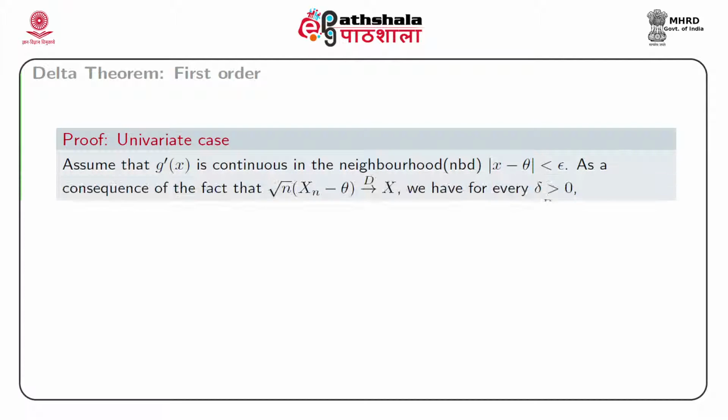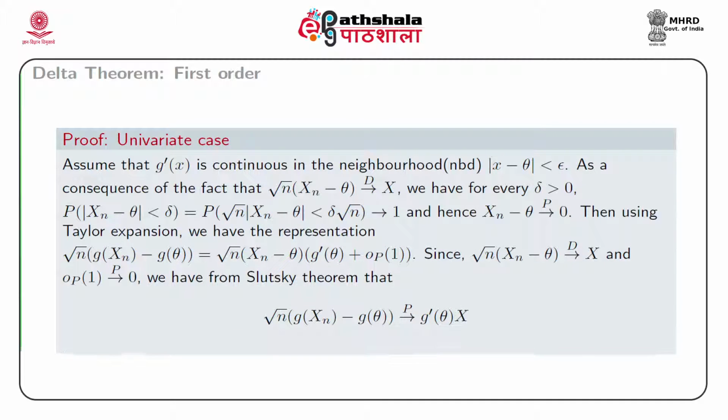Assume that g dash (x) is continuous in the epsilon neighborhood of theta. As a consequence of the fact that square root of n times (Xn minus theta) converges in distribution to X, we have that for every delta greater than 0, the probability that the distance between Xn and theta is less than delta is nothing but the probability that square root of n multiplied by the distance between Xn and theta is less than delta multiplied by square root of n, which tends to 1.